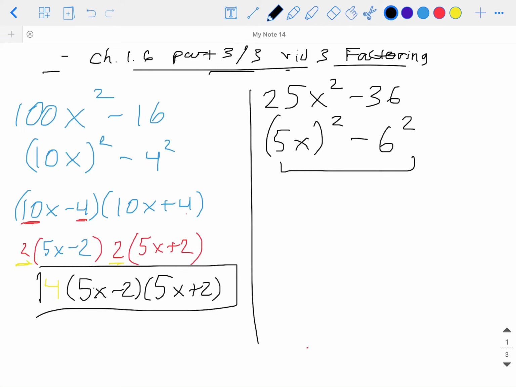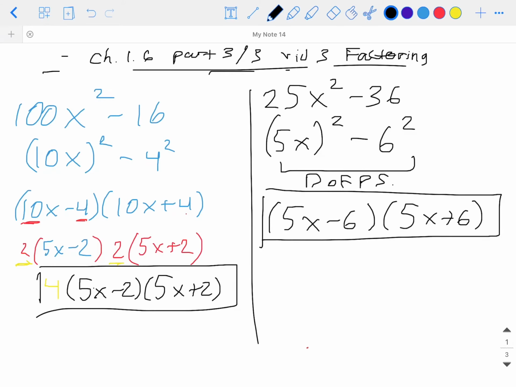This is the framework to give us the difference of perfect squares, so therefore, I have the algorithm to utilize: 5x minus 6 and 5x plus 6. There's nothing else I can do from here to simplify further, so this is considered my final answer. By FOILing, you will see that everything should simplify back to give us 25x squared minus 36.